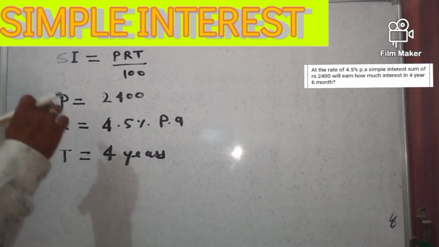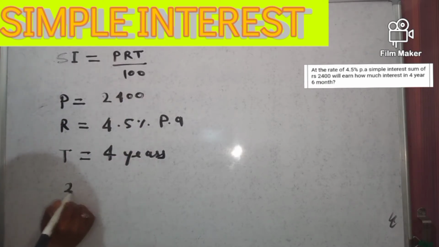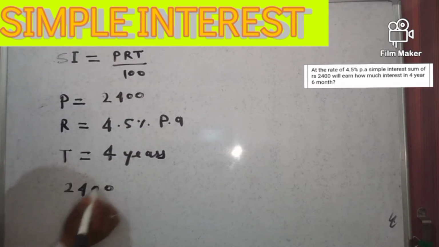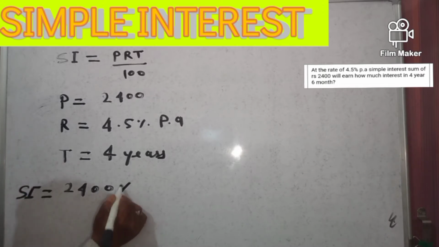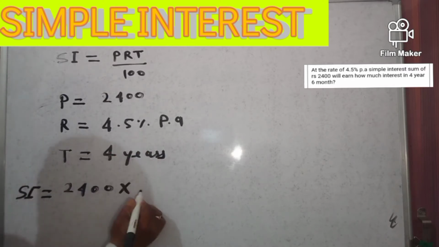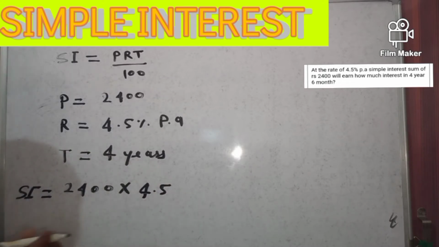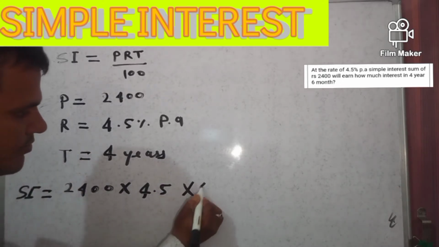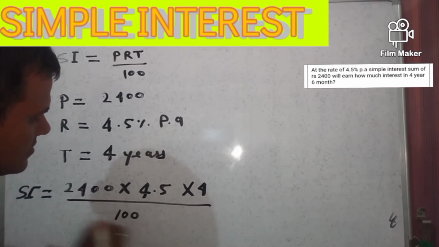So substitute our value here. Principal is 2400, simple interest is equal to into rate of interest. What is rate of interest? 4.5, right? And time duration is 4 years by 100.